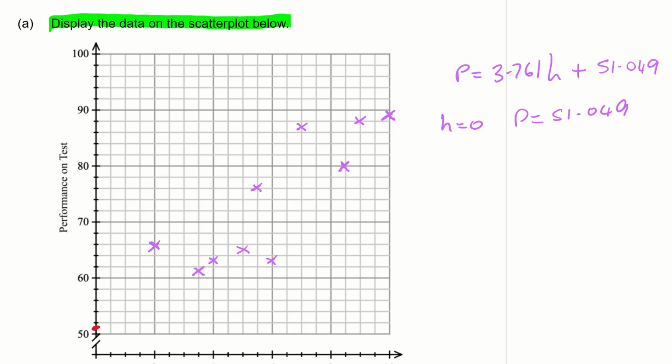And if we substitute H equals 10 and calculate, we get that P is 88.659. So that is going to be about there on our graph. And so we can do a straight line that goes through those like so. So that is our line added to the graph.